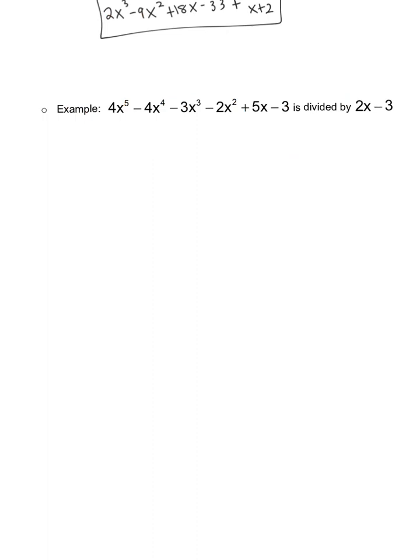Okay, the next one is the same process. You're going to take the number that you're dividing by and set it equal to 0. Solve for x.